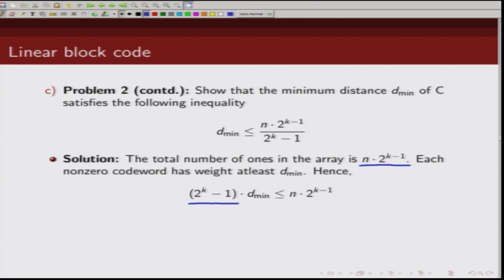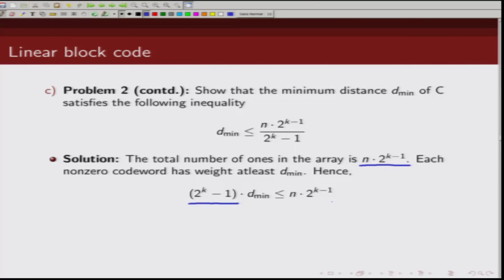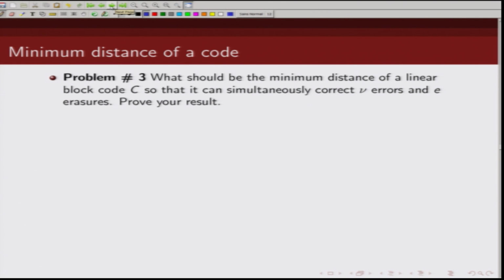So, total number of non-zero code words multiplied by d min must be less than or equal to total number of ones in this code array, which is given by n times 2 raised to power k minus 1. So, from this relation we can write that minimum distance of a code is upper bounded by this relationship.